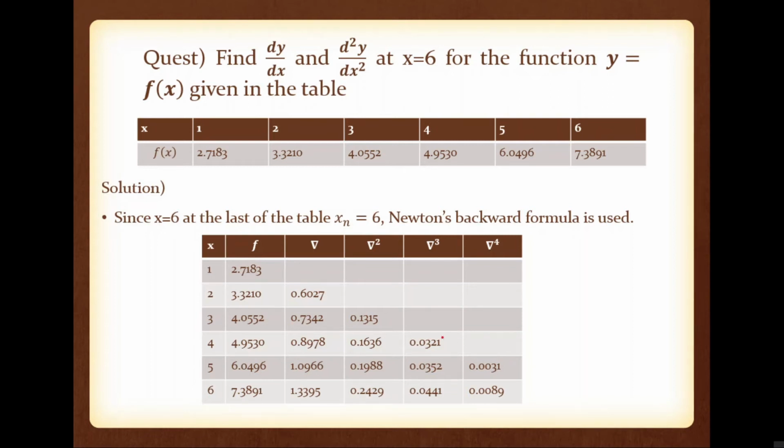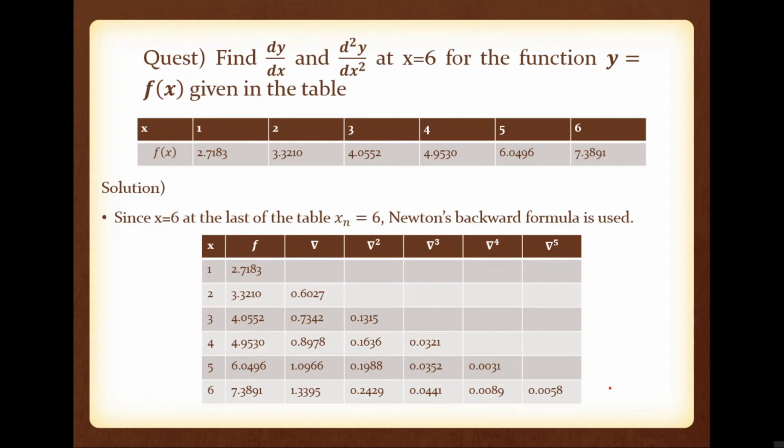Now by using this delta raised to 4 column, we find the delta raised to 5 column: 0.0089 minus 0.0031, which is equal to 0.0058. So this is delta raised to 5.